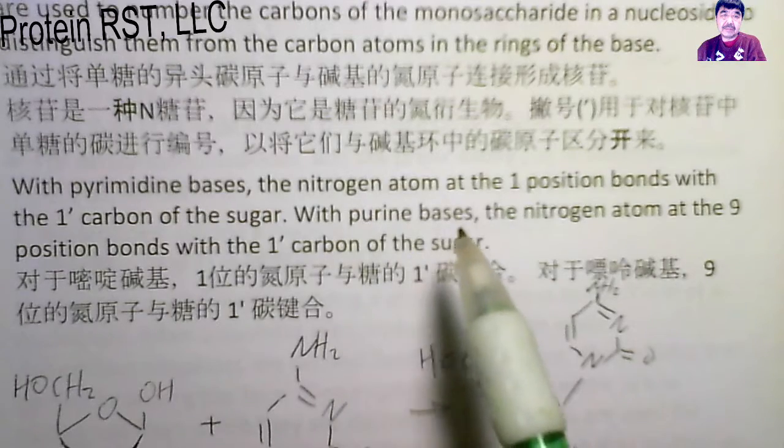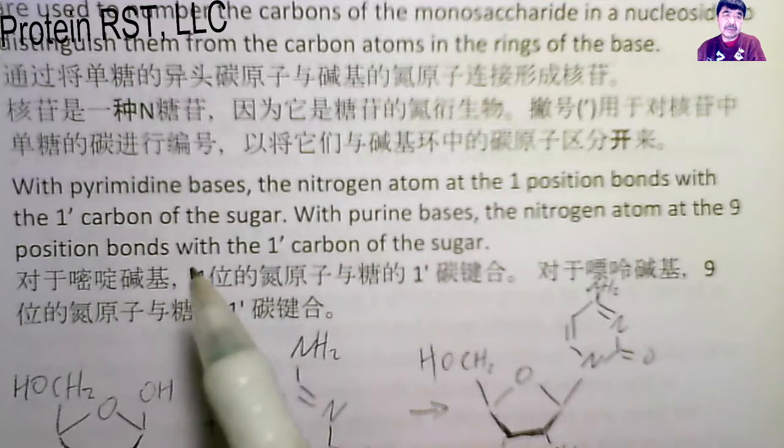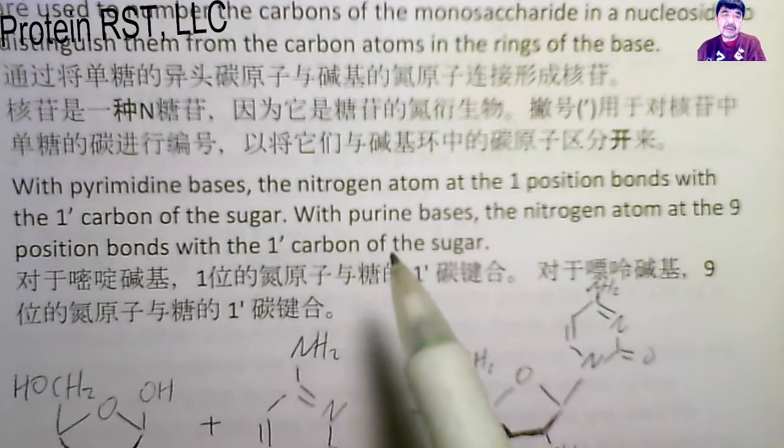With the purine bases, the nitrogen atom at the 9 position bonds with the 1' carbon of the sugar.